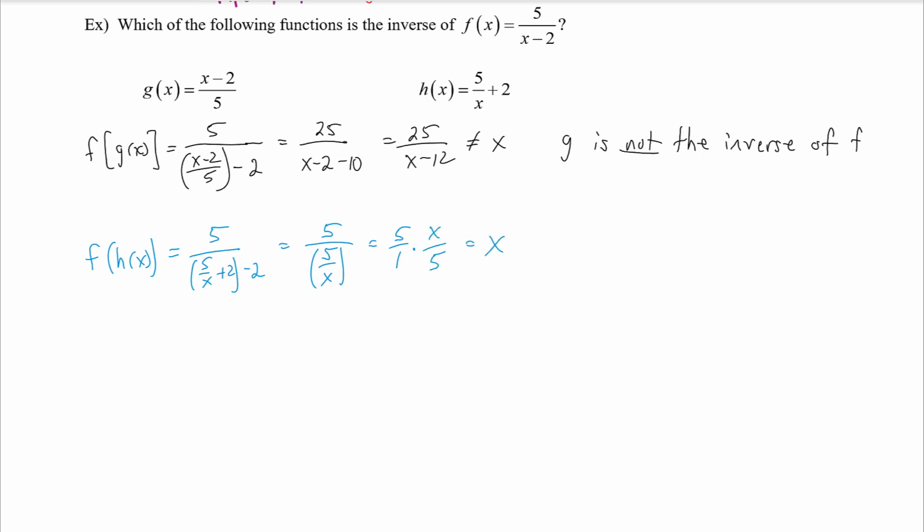Ooh, that's a good sign. So when I plugged h into f, it returned back to me x. The output is just simply x, which is what I started with in the first place. That's a good sign. But that doesn't mean they're inverses of each other. They're only inverses if I can reverse it and get the same thing. So what if I plug f into h? Let's see what happens there.